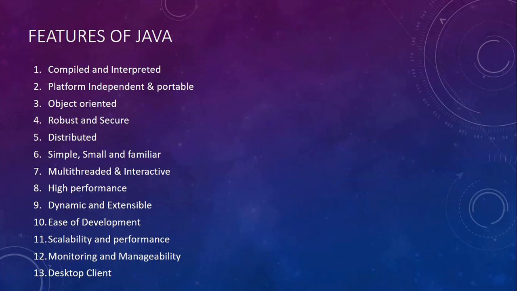It has high performance. Java is dynamic and extensible. There is a lot of ease of development while working with Java. Java is scalable and it has very high performance. Java can be used for monitoring and manageability, and Java has very good support for desktop clients. Now let us see each of these features in detail.